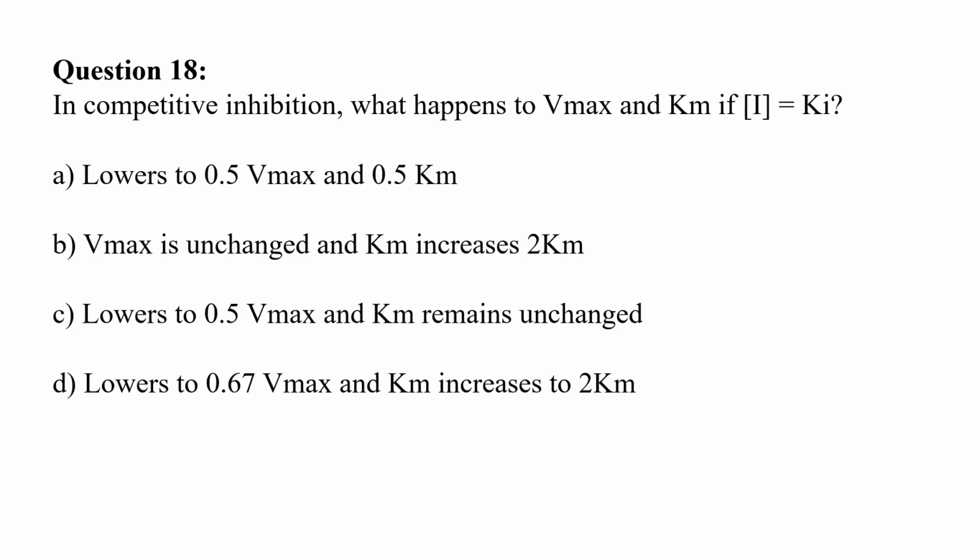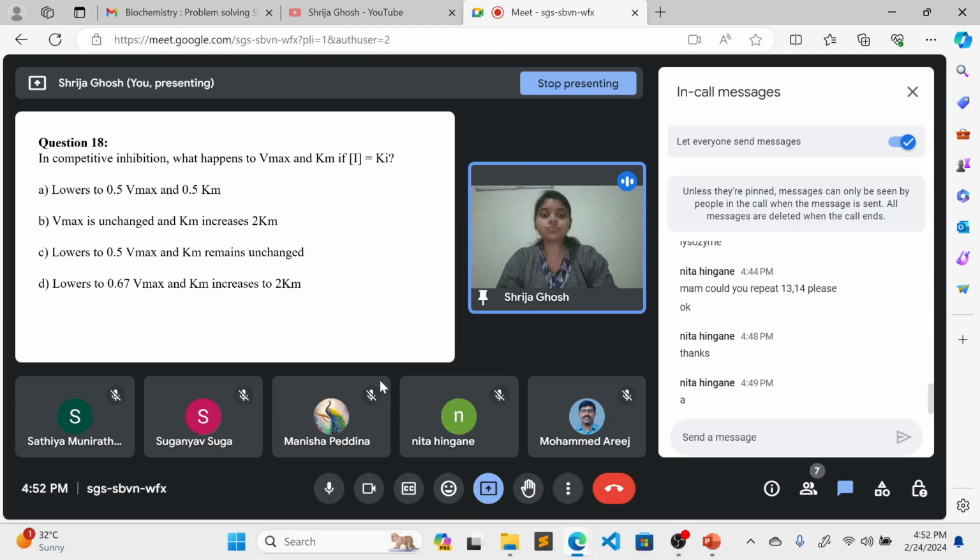What will happen to the Vmax in case of competitive inhibition? We have discussed this so many times. First, tell me what will happen to the Vmax. Come on. Is it changing?